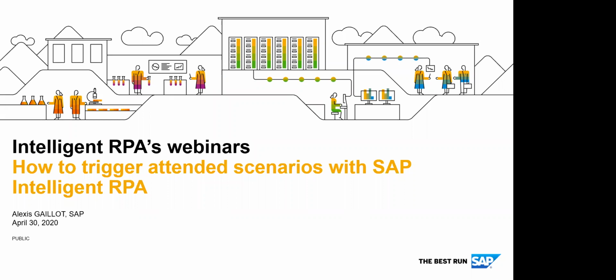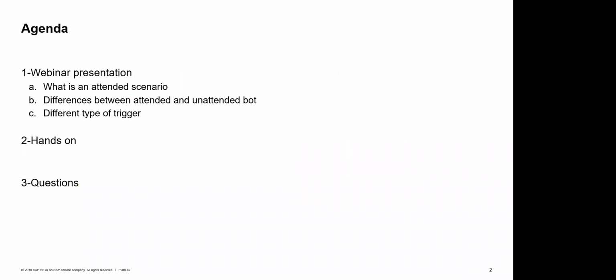Thanks, Svea. Hi, everyone, and welcome to this webinar about how to trigger an attended scenario with SAP Intelligent RPA. So this is what we are going to talk about today.